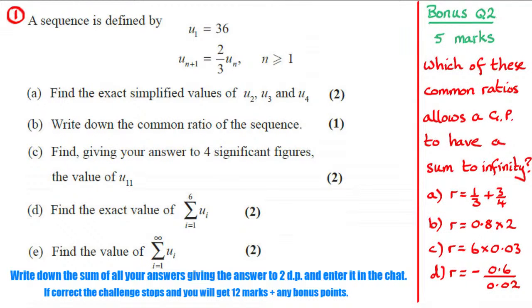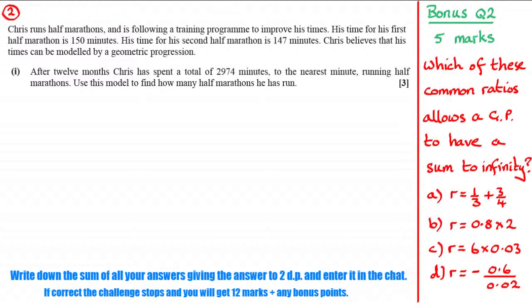So here's your bonus question here. For 5 marks, which of these common ratios allows a geometric progression to have a sum to infinity? A, B, C, or D?